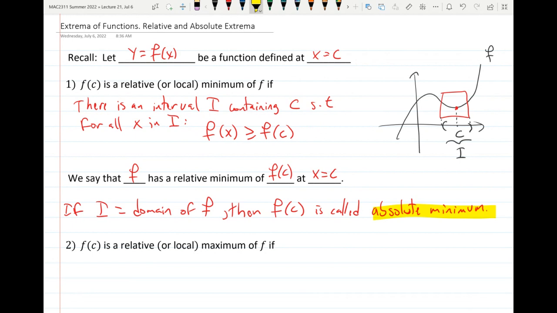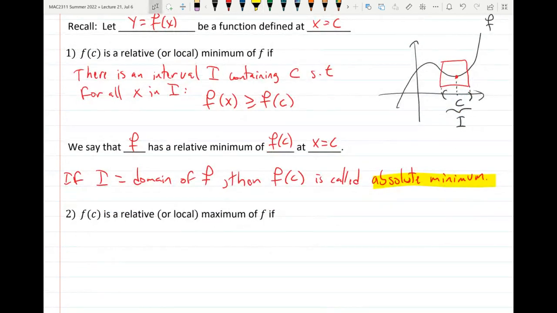Because for every x in the domain, so for every input that you can plug in, the output will always be greater than or equal to this particular number. So this is the smallest that you can get. But this cannot always be done. Like for example, here you cannot always find this. Like this graph is not going to have an absolute minimum, but it has a relative one. Okay.